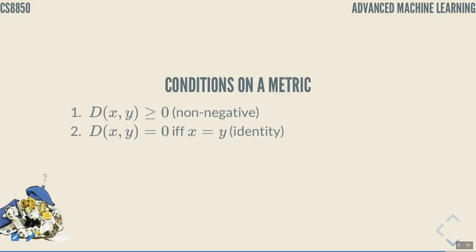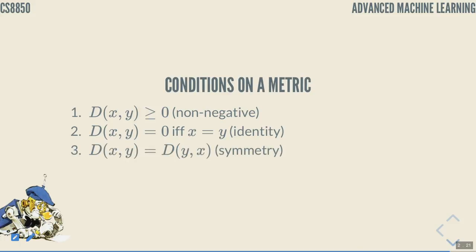Also, it has to obey the identity condition: the value of this distance function d is 0 only when x and y are exactly the same, equal to each other.